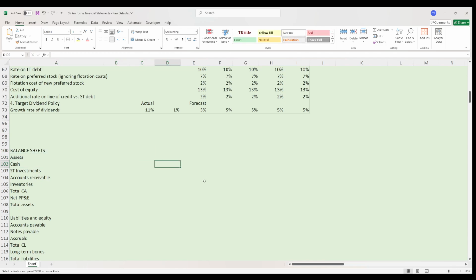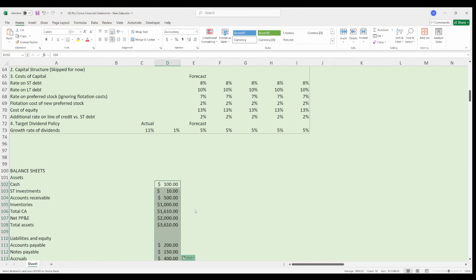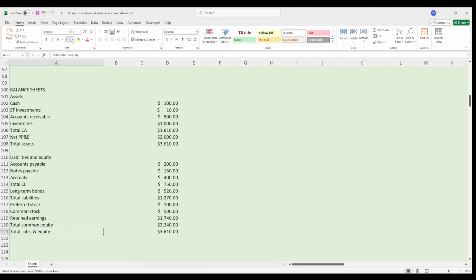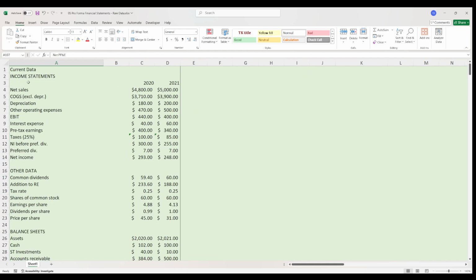And I'm gonna put it under column D because column D is the 2021 number that's aligned with the input section. So I'm just gonna put them here. And then I'm gonna paste the values and number formatting so that if there's any functions, they are not included here. So I'm gonna remove this border.